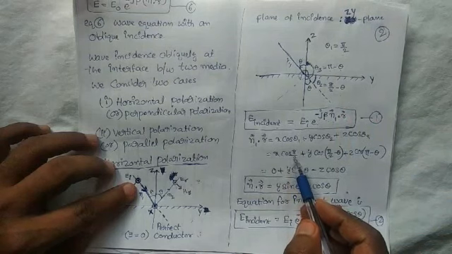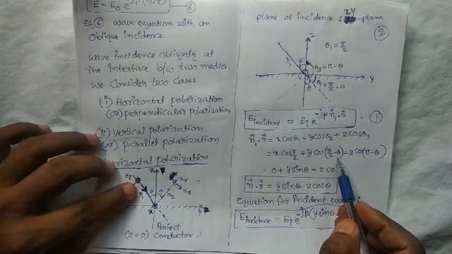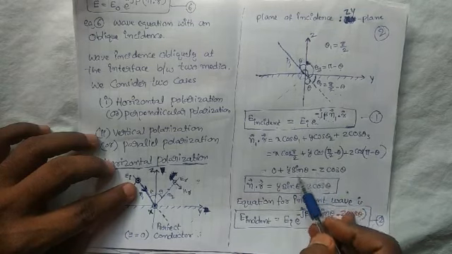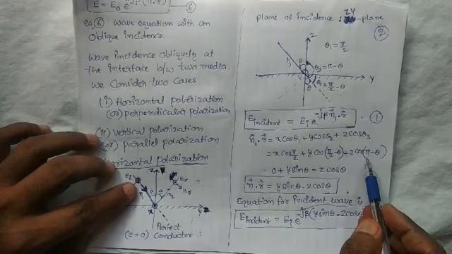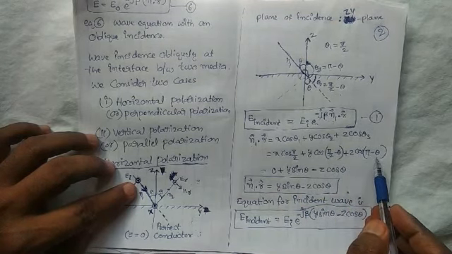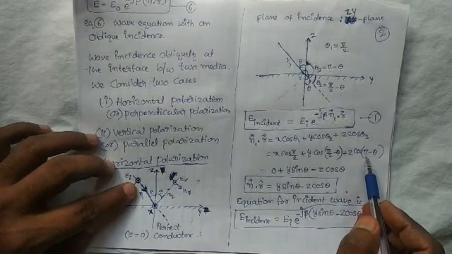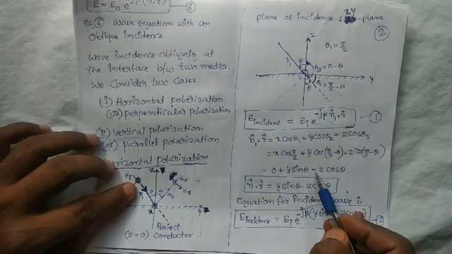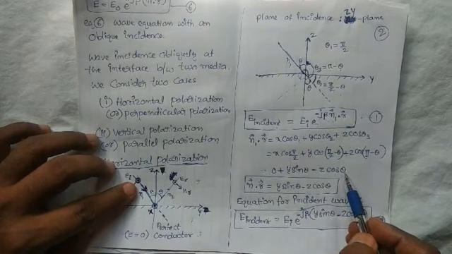Cos 90 is 0. Then y cos of pi by 2 minus theta, and cos of 90 minus theta is sin theta, so y sin theta. Plus z cos of pi minus theta, and cos of 180 minus theta is minus cos theta, so minus z cos theta.